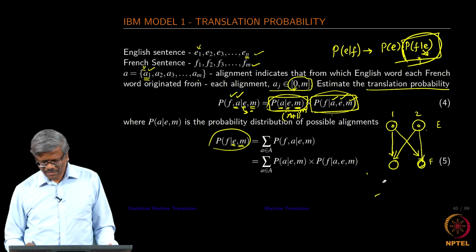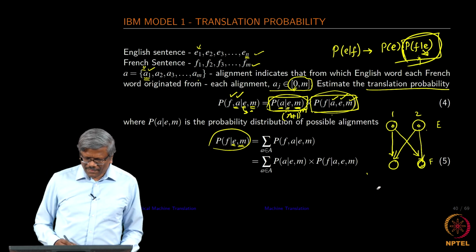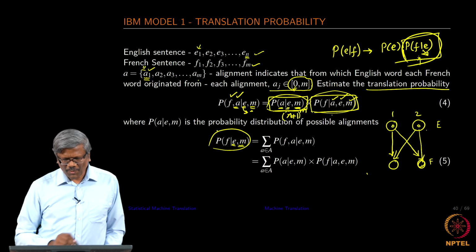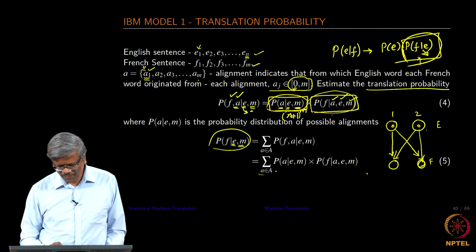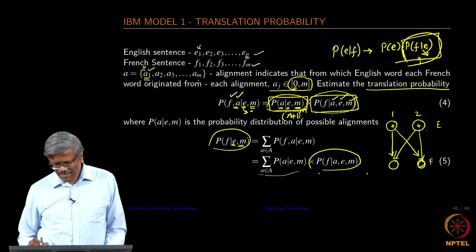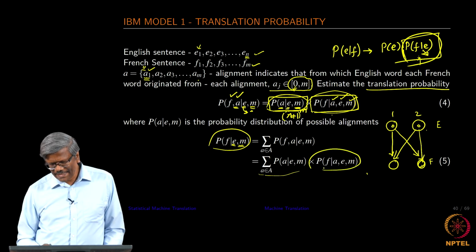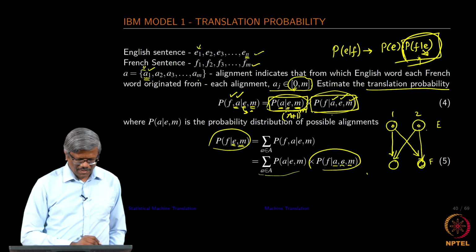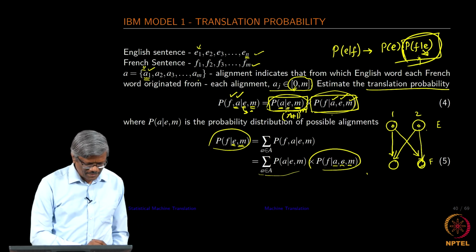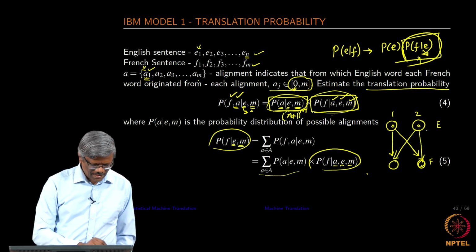Okay. All right. So, the translation probability now is rewritten with respect to all the alignments possible, the sum over all the alignments that you have, and then again the probability of finding the French word given m, e and the alignment. All right. Okay. So, this is very crucial to understand this equation.